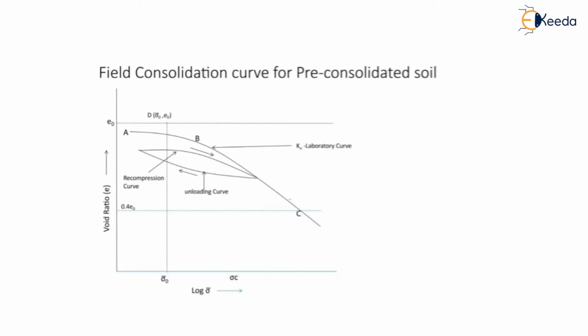Sigma c is the pre-consolidation pressure. If we draw a vertical line at e naught D, it will intersect at point F. If we extend the linear portion of the curve ABC backwards, it will intersect the line sigma naught D at point E.